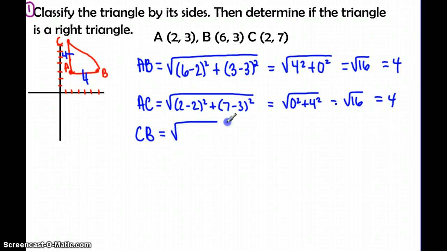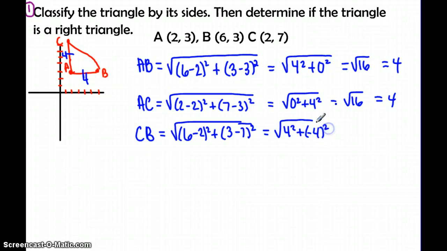Check CB. So we can take 6 minus 2 quantity squared plus 3 minus 7 quantity squared. And we've got the square root of 4 squared plus negative 4 squared.